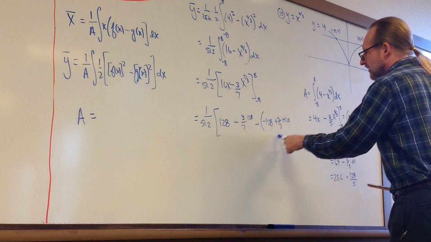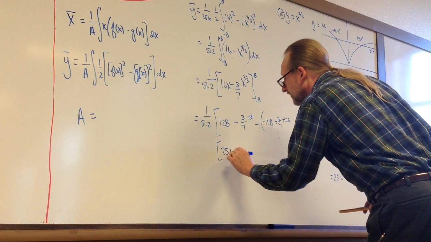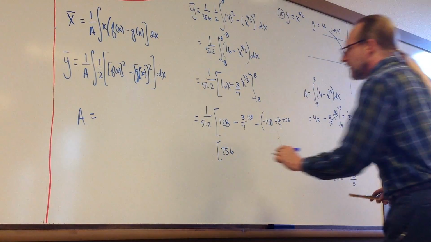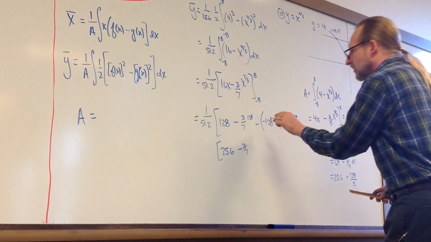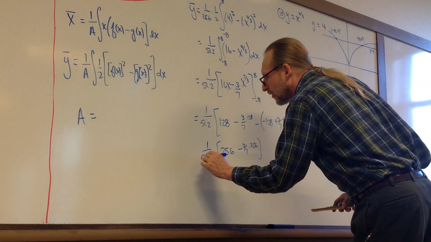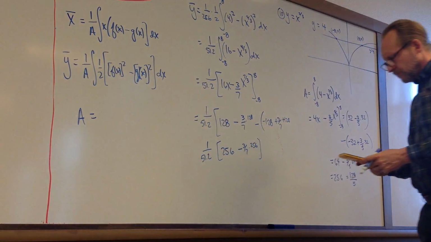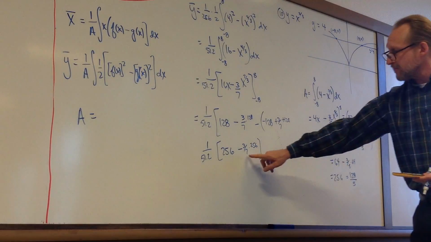But of course, this is going to make it negative again. So this comes out as 256, and then minus 3/7 times 256, times 1 over 51.2. So 256 minus 3/7 times 256. And we get something that is in the sevenths.